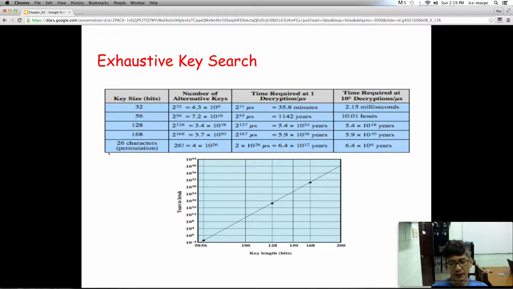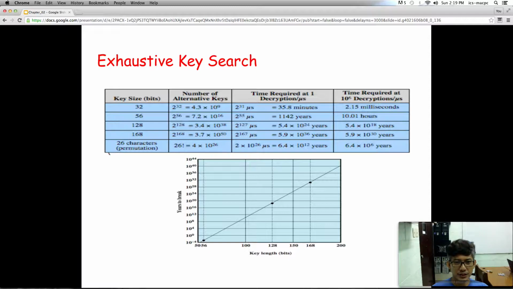As an illustration, if the key size is 32 bits, then there will be 2 to the 32 possible keys. If you represent that by exponentiation, that will be 4.3 times 10 to the 9 keys.